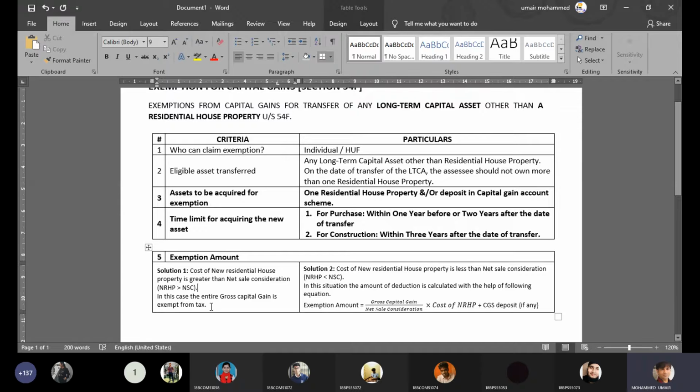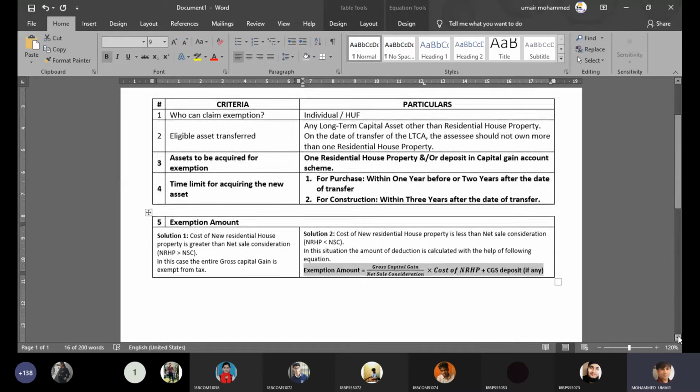Entire gross capital gain amount is exempt from tax. On the other hand, if the cost of new residential house property is lesser than net sale consideration, this is where you have to use this equation to calculate the exemption amount.